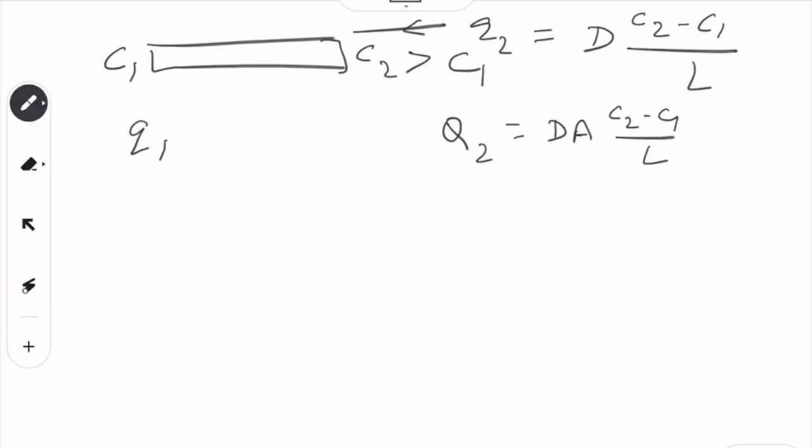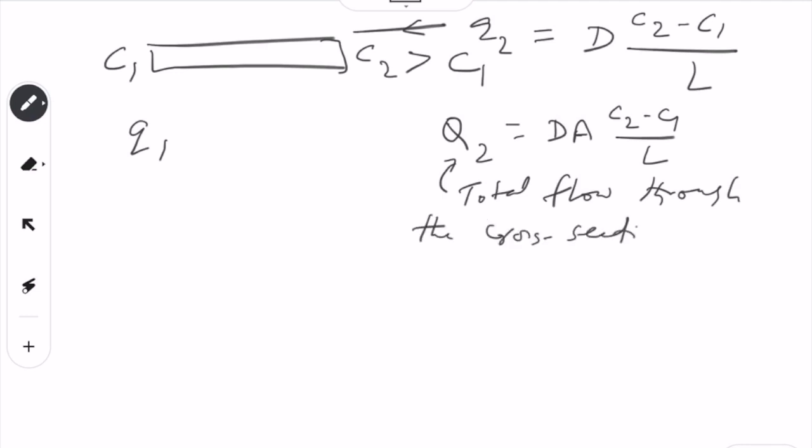Yeah, so we can also write it to the total flow through the cross section, okay, per unit time.